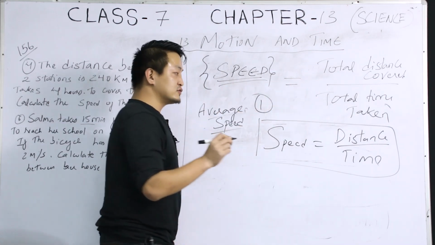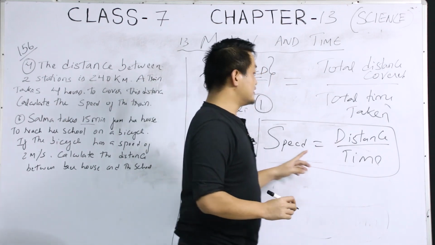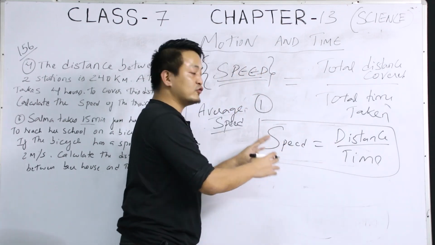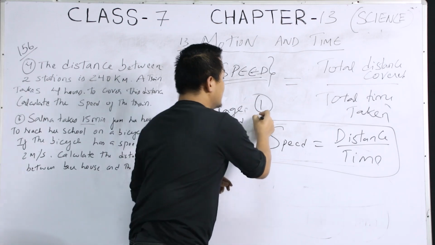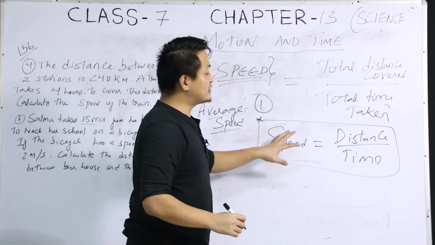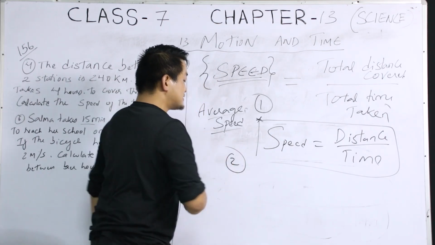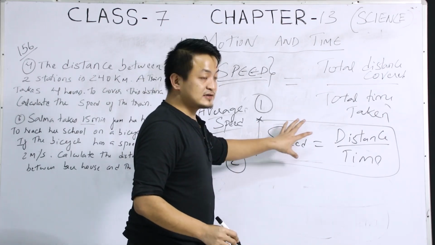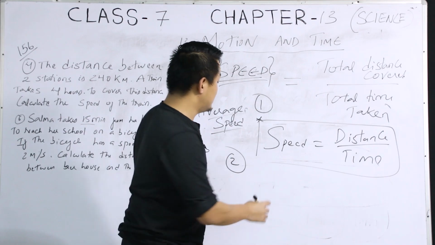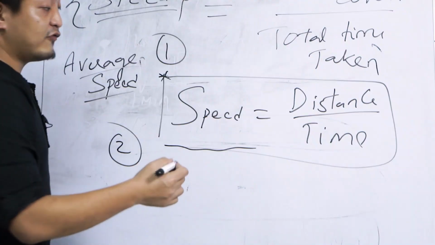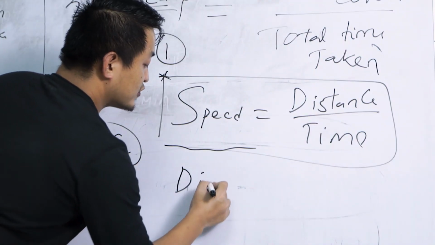Now, if you are told to calculate the distance, then from this formula itself, if you are clear with this formula, we can calculate distance and time as well. So for the second formula, we will write a new formula for distance.